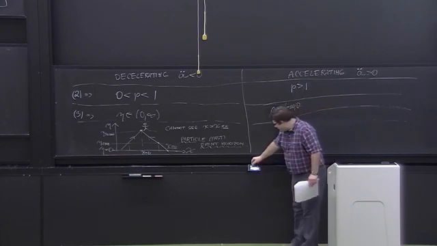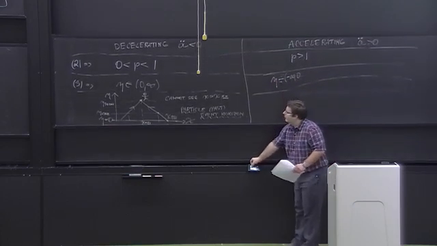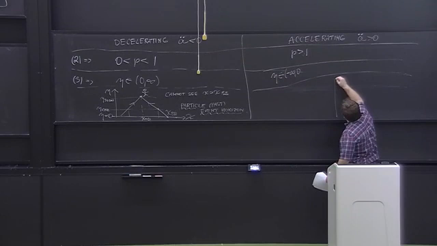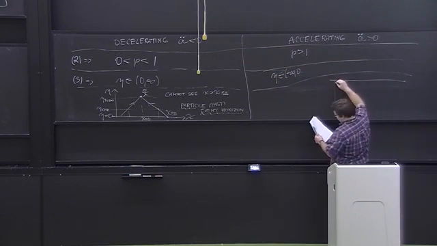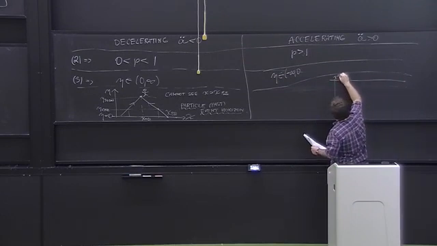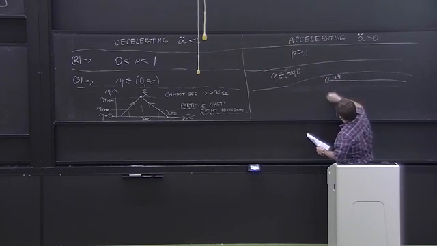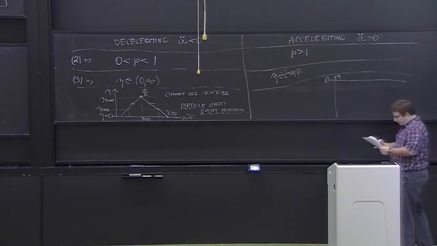Now if I want to draw a similar picture, eta now ends here. This is the end of eta, 0, and it goes from minus infinity to 0.